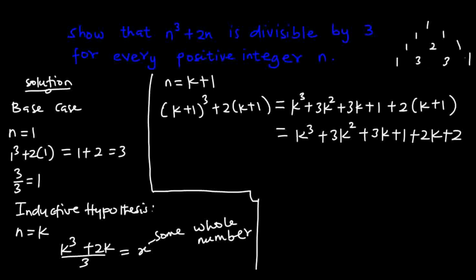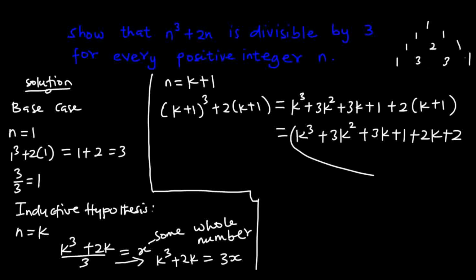This is what you have now. From here you go back to the inductive hypothesis, where we said k to the power 3 plus 2k divided by 3 gives a certain whole number x. You can rewrite this as k to the power 3 plus 2k equals 3x, by cross multiplying. This means you can replace k to the power 3 plus 2k with 3x.